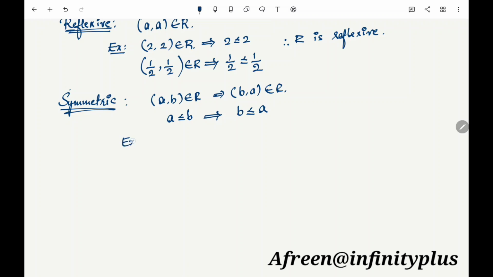Consider I am taking the example (1, 2), which belongs to R, which implies that 1 is less than or equal to 2. But you can see that 2 is not less than or equal to 1. Therefore (2, 1) does not belong to R. If it does not belong to R, then R is not symmetric.